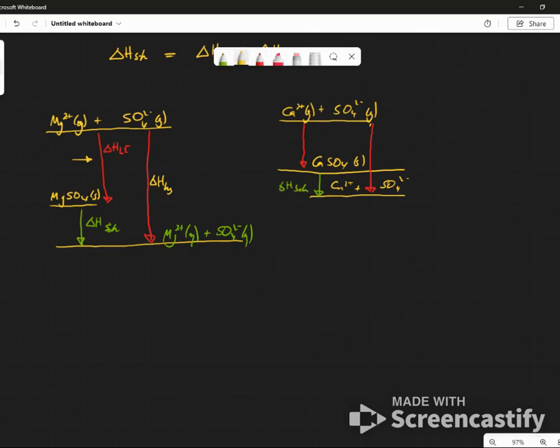And now, I hope I'm not boring you. I'm going to do it for barium and sulfate. And now the lattice energy is even smaller because as you go down the group, the lattice energy will become less and less, because the ions are getting bigger and they're not as attracted to each other.